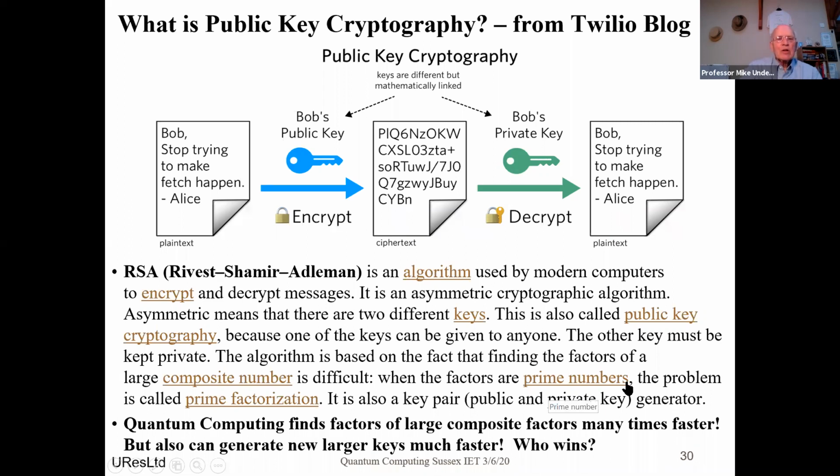Now, quantum computing is, in principle, very good at factorizing large composite numbers, many times faster, maybe 1,000 times faster. So it will mean, if quantum computing works properly, that all these lovely public and private key pairs will no longer be usable, or they will be crackable.